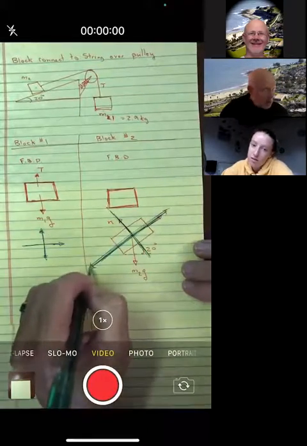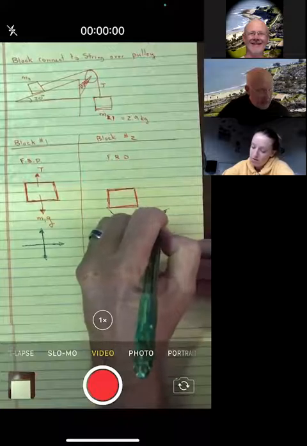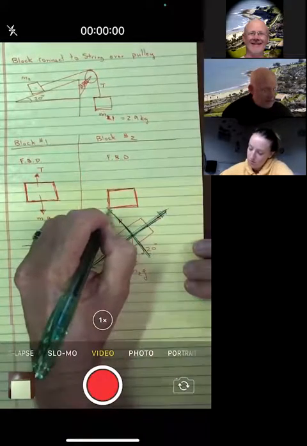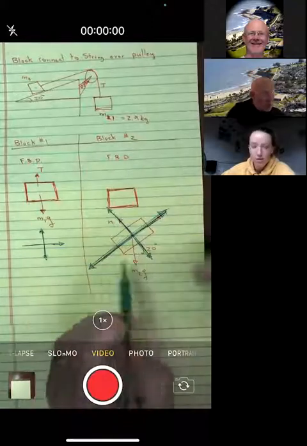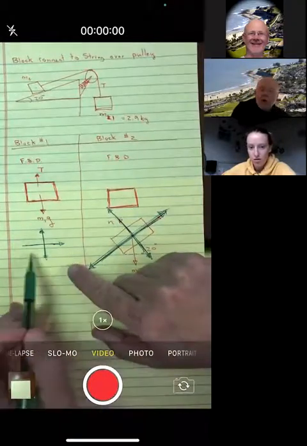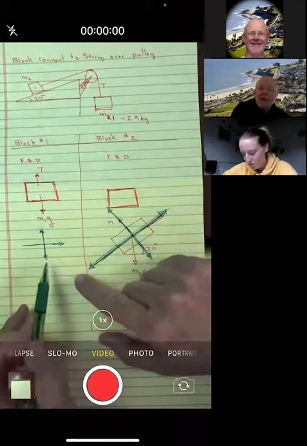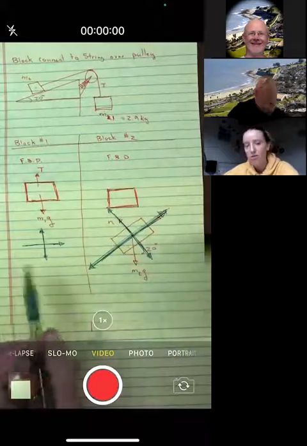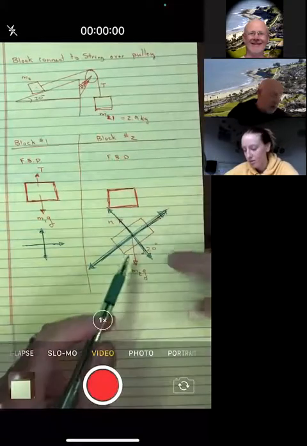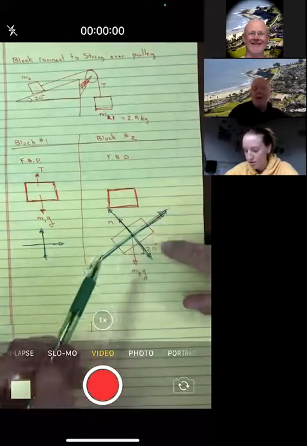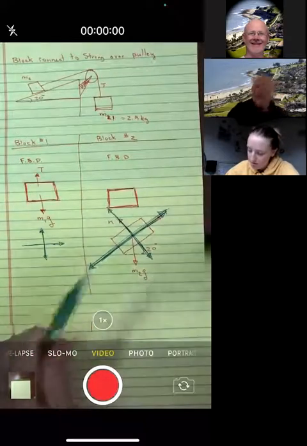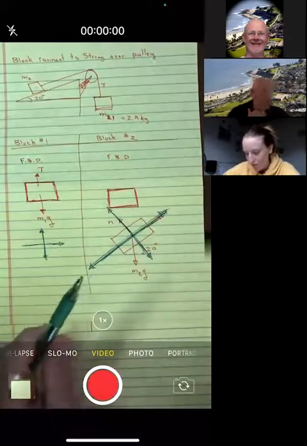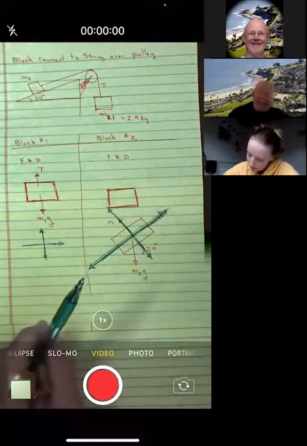And so I like to say that maybe for this problem, and ones like it, don't use the traditional horizontal and vertical axes. You'll make the math a lot easier if you make one of your axes along the direction of the acceleration. So that's the advice I always like to give students. And I also want to emphasize, you don't have to do that.